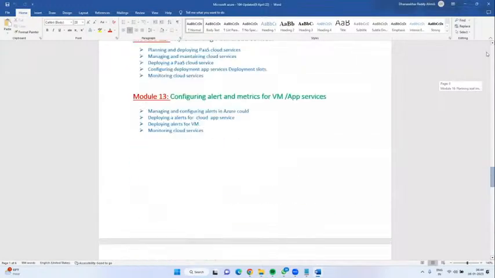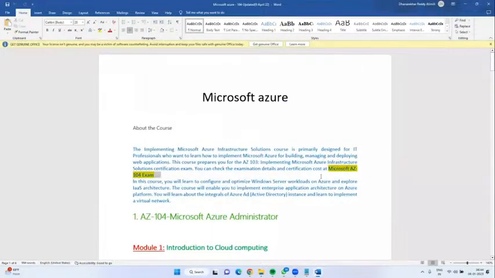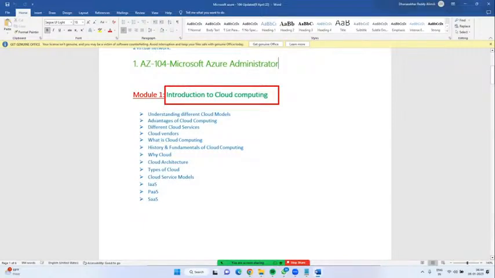This is the certification paper syllabus. It is clearly mentioned that this is the 104 certification paper. Now, first thing, module one is about introduction to cloud computing.